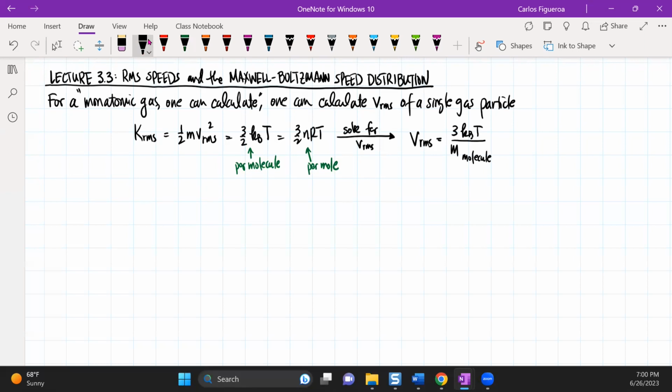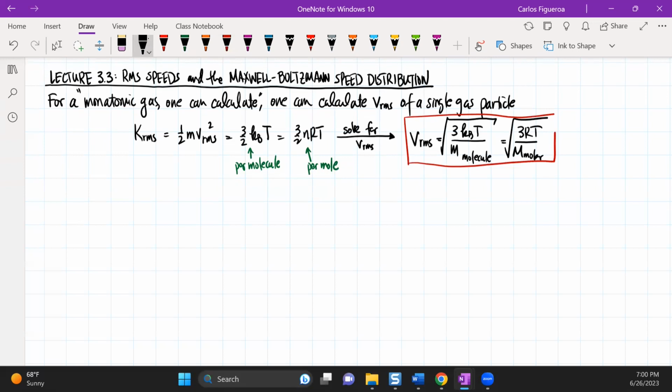If I'm talking about the number of moles, then I have to deal with the molar mass: the square root of 3RT over the molar mass. So these give you that value.